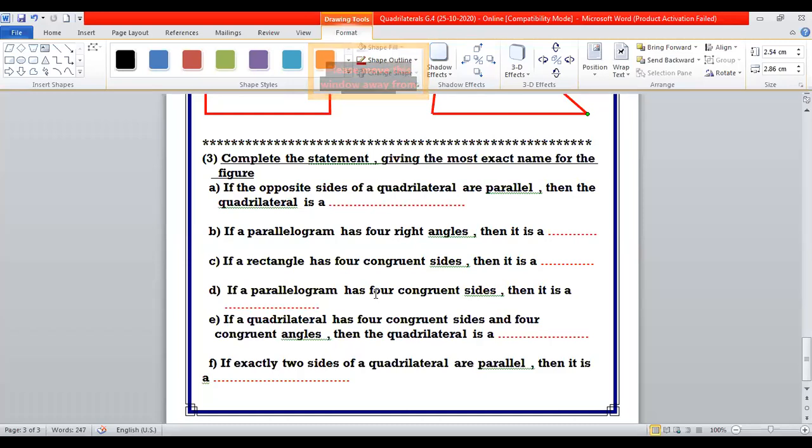What is the name of this quadrilateral? The opposite sides are parallel. What is the name of the quadrilateral if each two opposite sides are parallel?